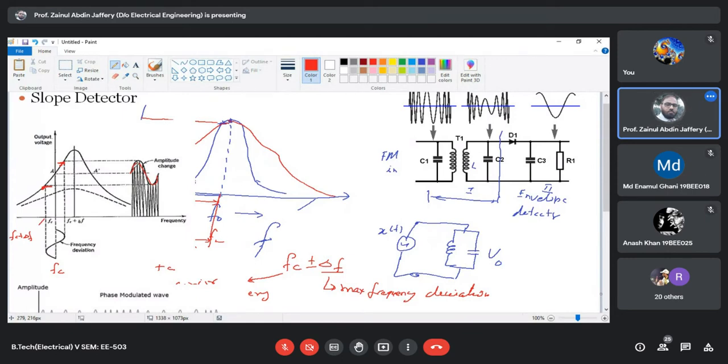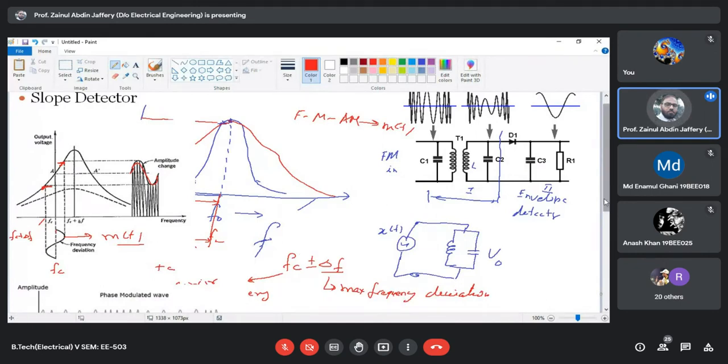So the first thing is that this circuit converts your FM to AM, right? And then this envelope detector converts it to m(t). So this is your AM signal, and this will be the modulating signal that we have recovered.